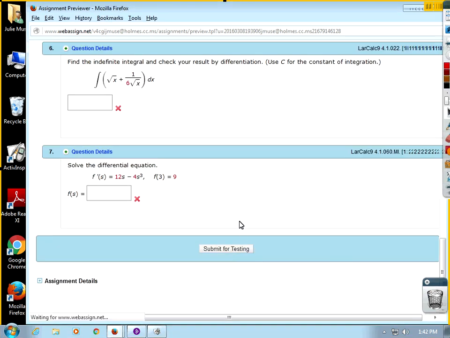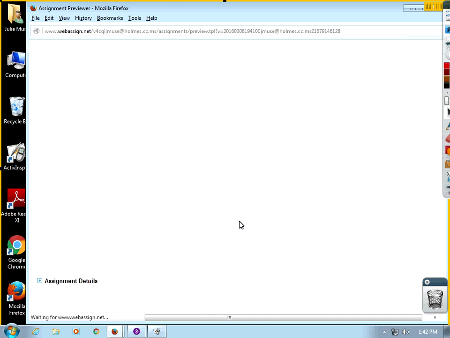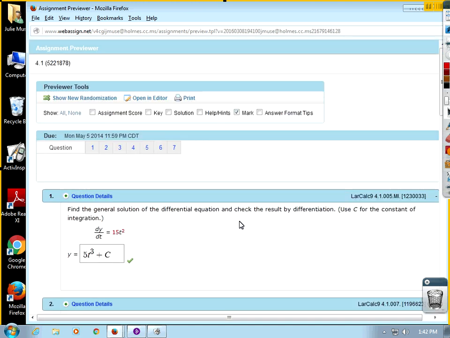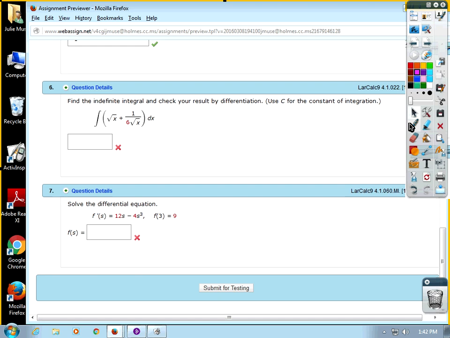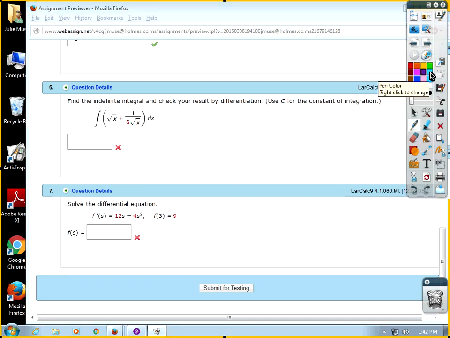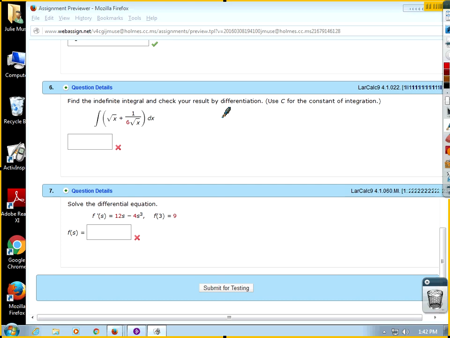All right, so I'm going to go down and check that. And it is correct. So we have two more problems. The integral of the square root of x plus 1 over 6 square root of x dx.